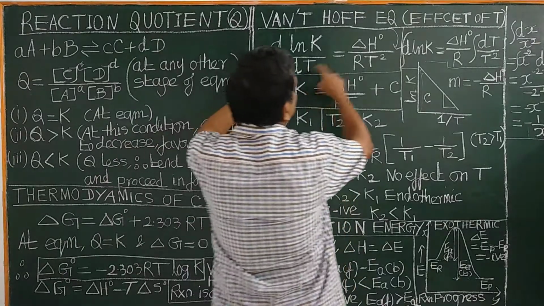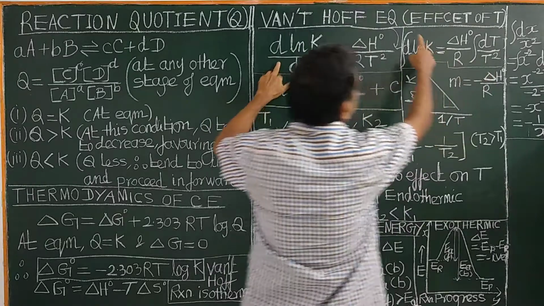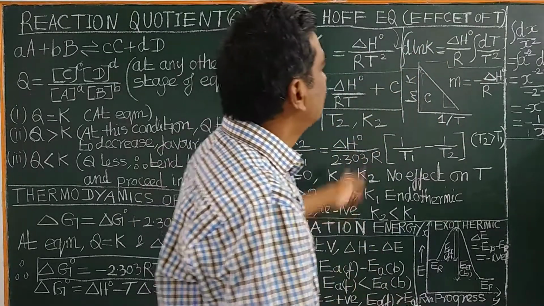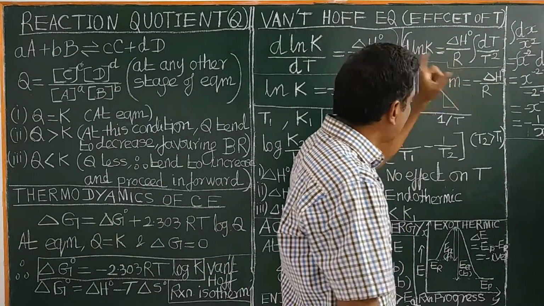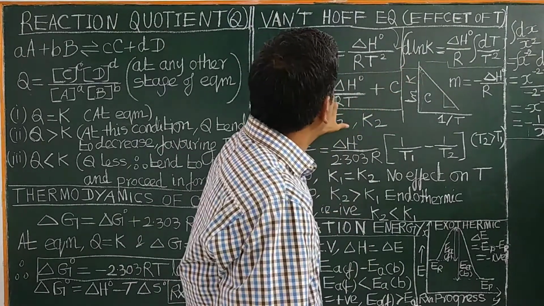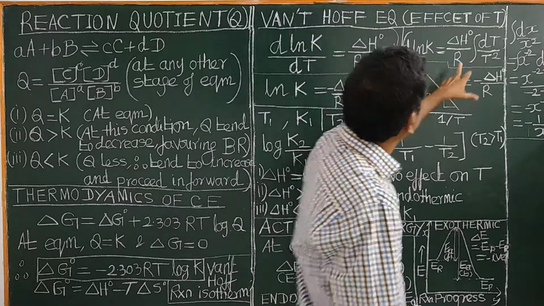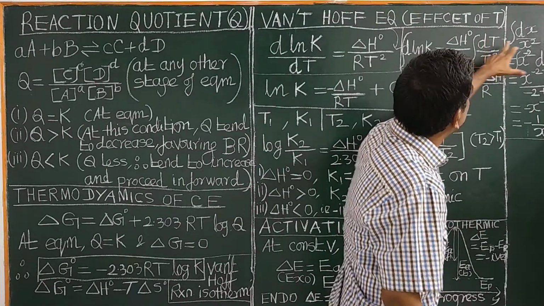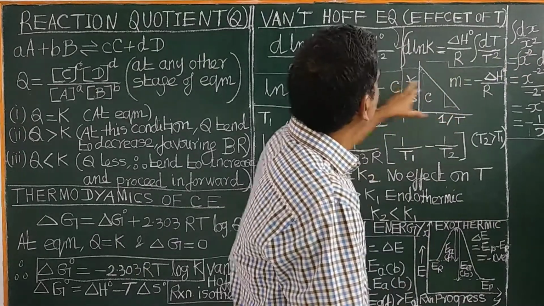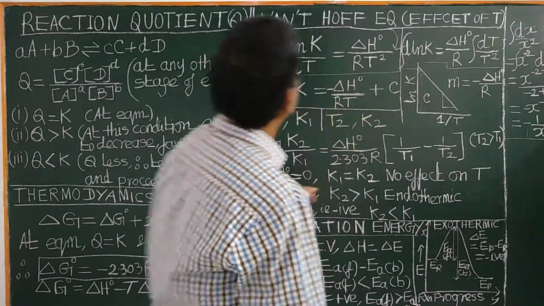Now, let us take dT by T square. On integrating this, ln K equal to minus delta H naught by RT plus an integration constant, since the integral of dx by x square equals minus 1 by x plus c. Therefore, c is the integration constant.